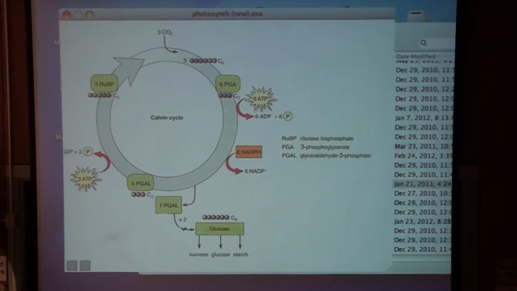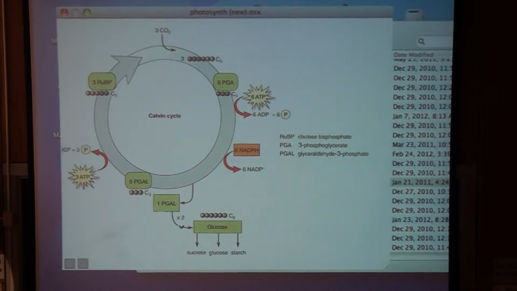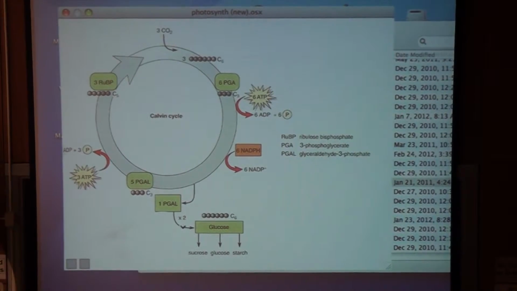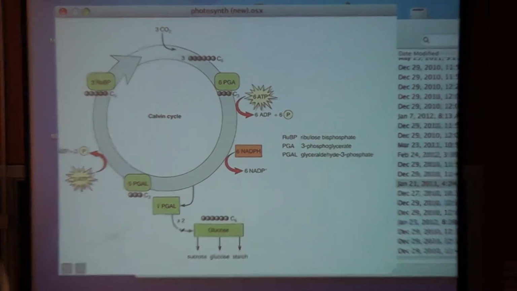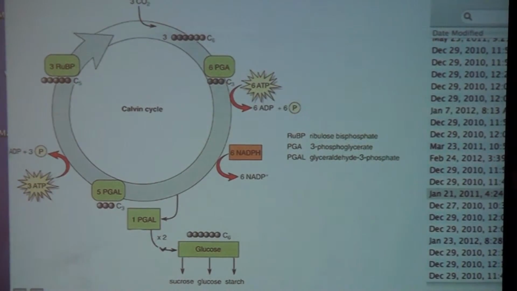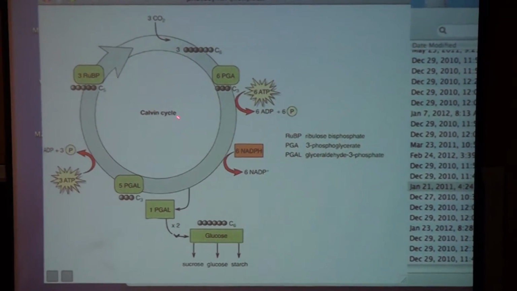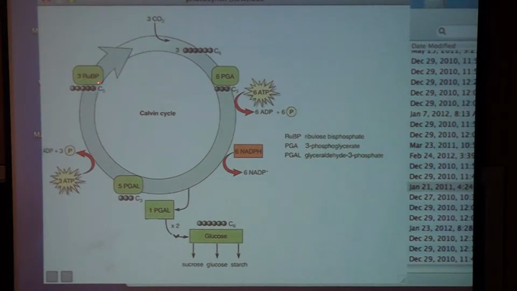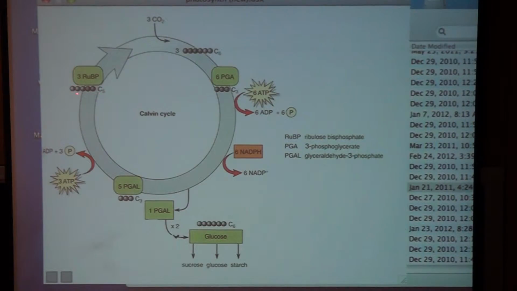The molecules that you find within a metabolic pathway are called intermediates of that metabolic pathway. And so we're going to be focusing in on a few of the intermediates here. There's an intermediate called ribulose bisphosphate, or RuBP for short. It's a 5-carbon molecule. It's actually a type of sugar.